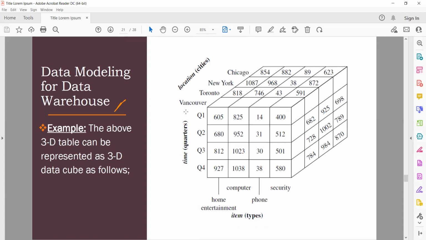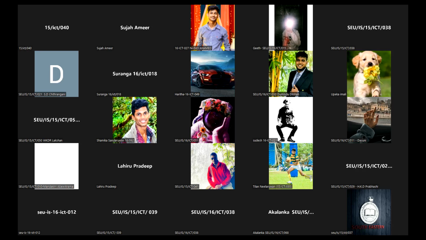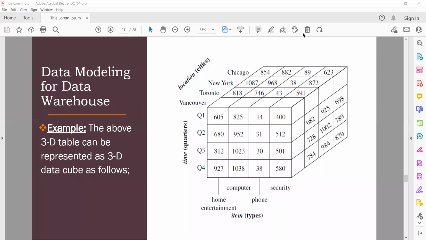Let's say there are 4 cities here: one city, another city, another city, another city. So there are 4 columns. This is one column, this is one, this is one, this is one. We need to minimize these. That is called roll up.